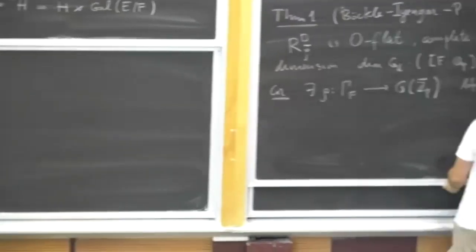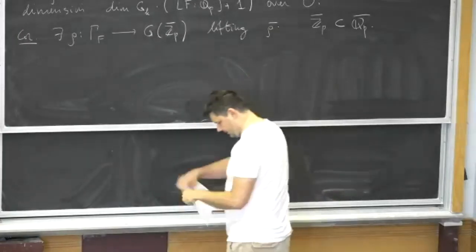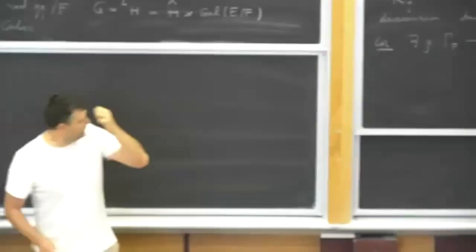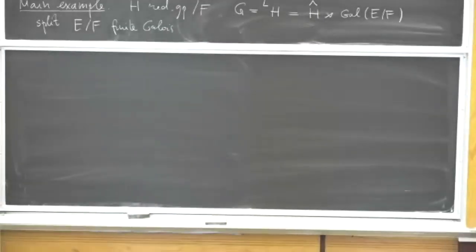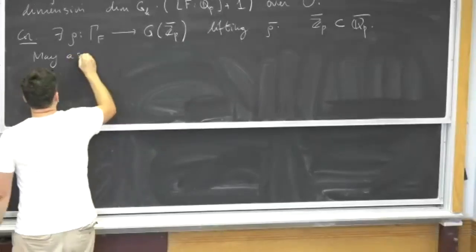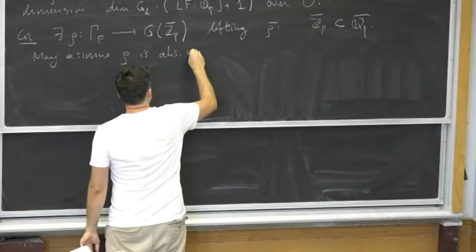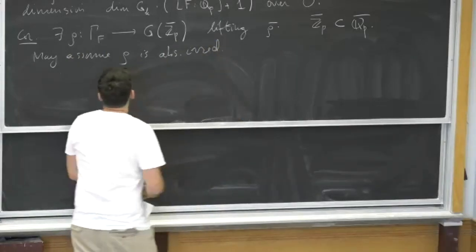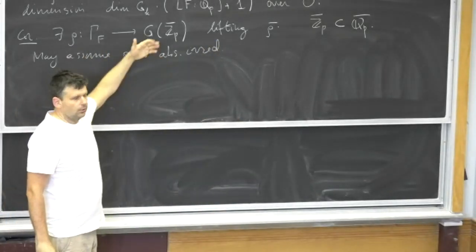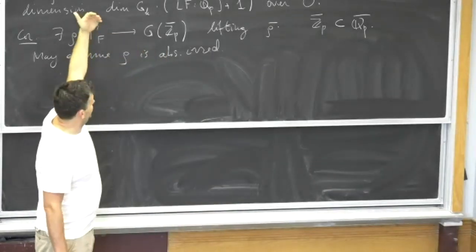So we don't get that, but we can do something very challenging: you get the reducible points. Rho is absolutely irreducible in the sense that its image is not contained in any parabolic subgroup. So in fact, we show that the absolutely irreducible locus is dense.